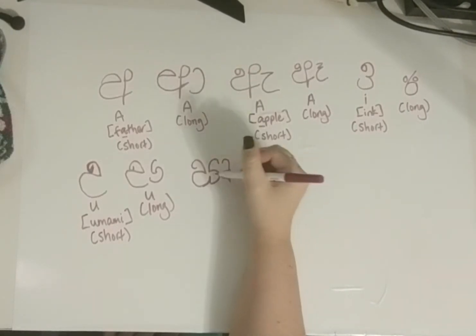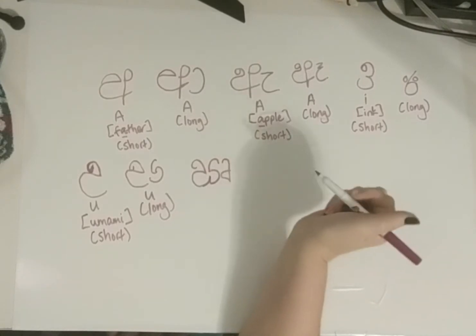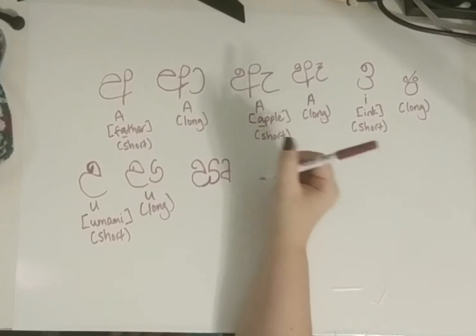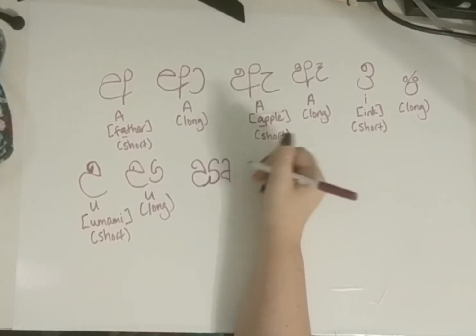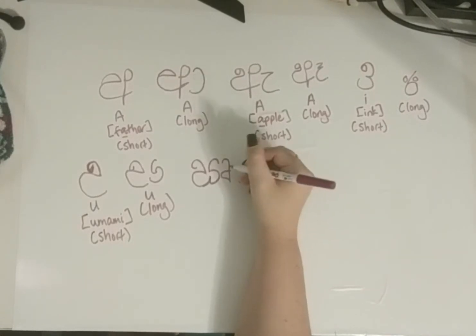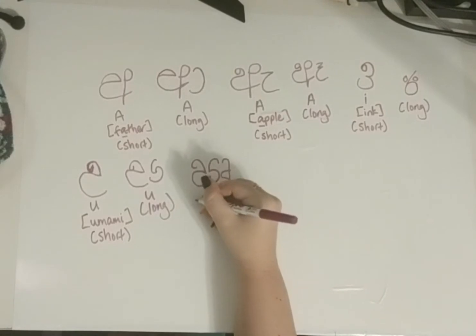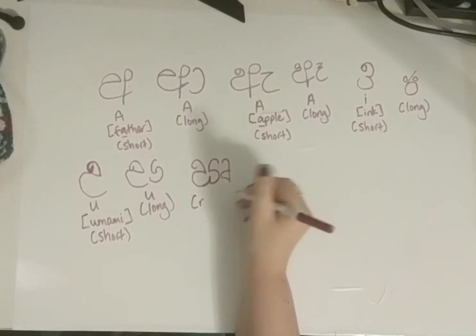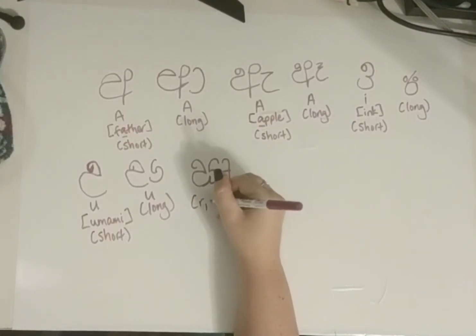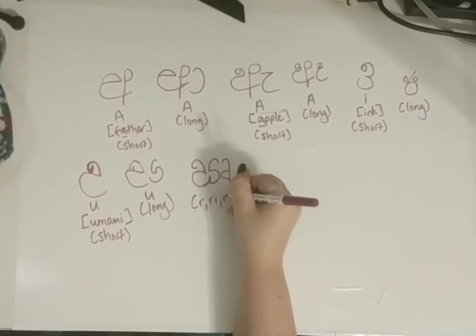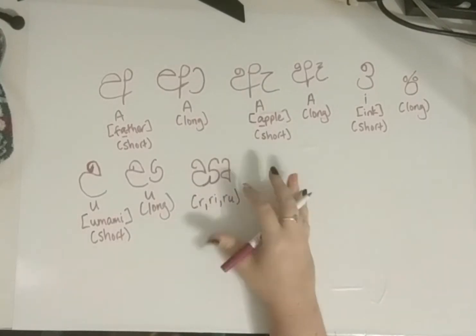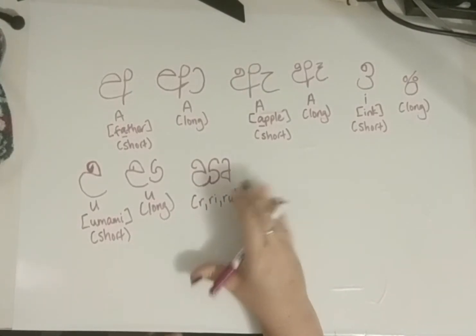So this letter is named Iru. And of course it's an R sound, so it's complicated. It changes depending on how it's used in a word. So it can sound like R, it can sound like Ri, or it can sound like Ru. All depends on how it's used in the word.